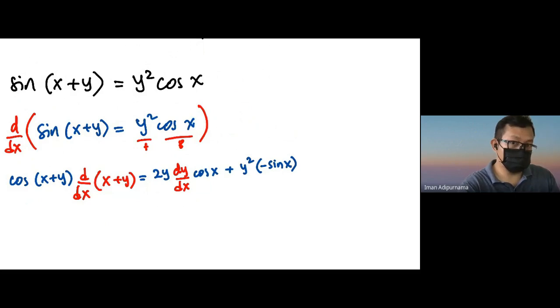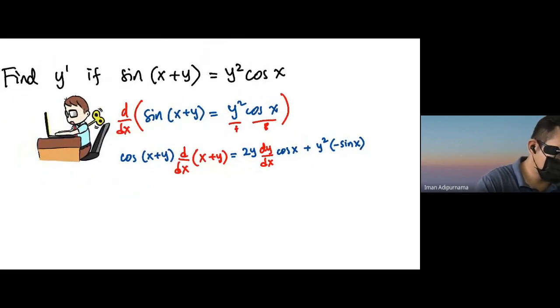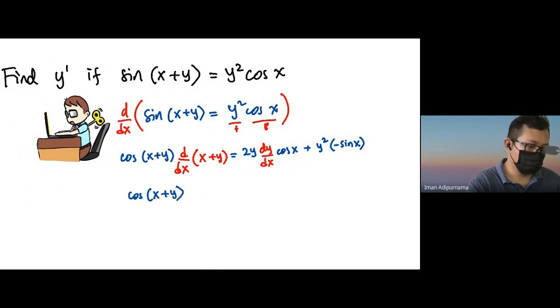Yeah, at least we get this, right? And maybe solve this one first. So cosine x plus y, this is 1 plus dy dx.